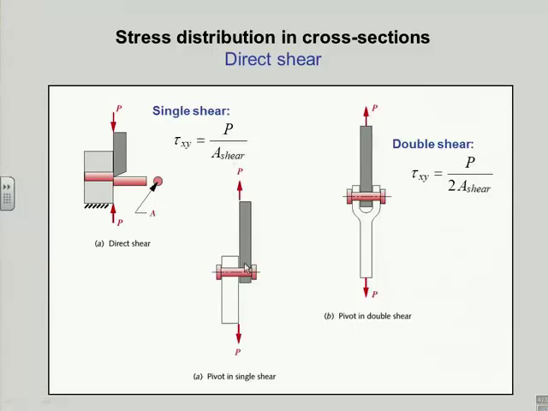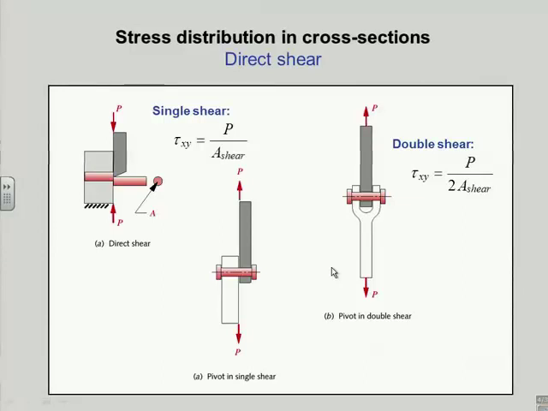Another form of application of direct shear, which is quite common, is when I have a couple of links together with a pin. And there's supposed to be really no gap in there. I do show a little gap more to emphasize the fact that those are two different pieces. But the ideal situation here, if I were designing this, would be to have minimum gap between those two parts, so I don't put bending on the pin.